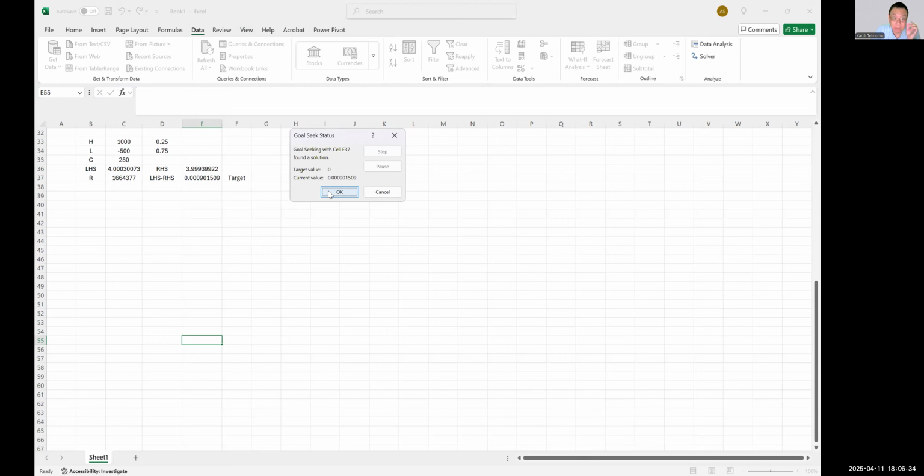The problem here is that you put the value as 1,000, and if you put it into the exponent, the value is very big.